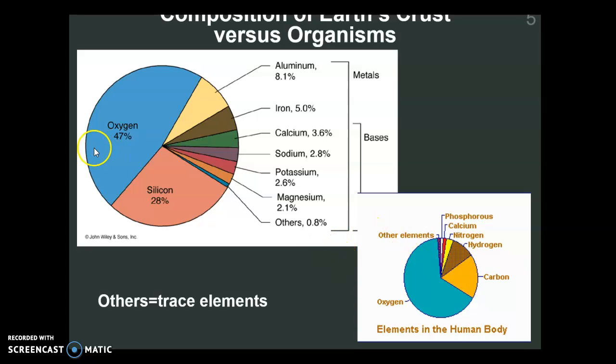In both of these, you can see we have something in common with the Earth's crust. The most common element in both of these pie charts is oxygen. Oxygen is found in its gaseous form in the Earth's crust, inside and between particles of soil. And in the human body, it's found partly as water, partly as gaseous oxygen in our lungs.